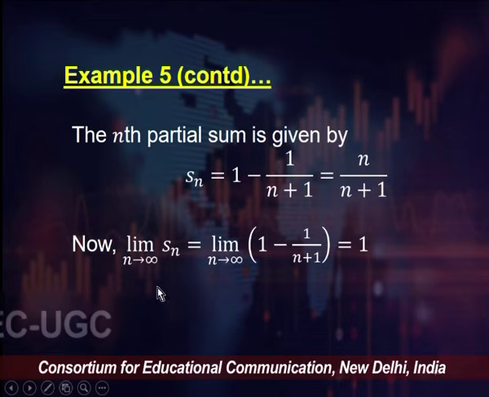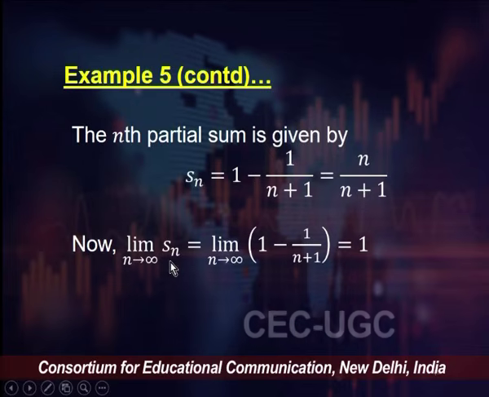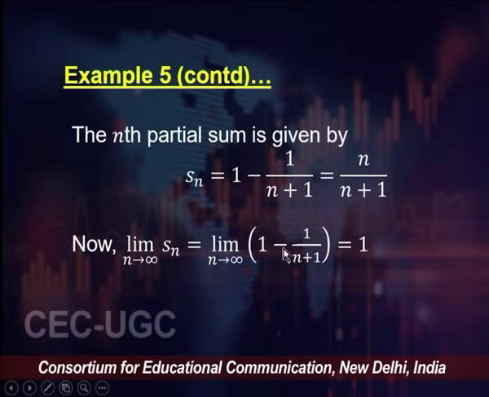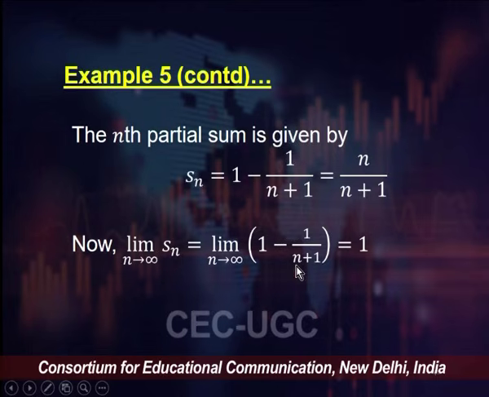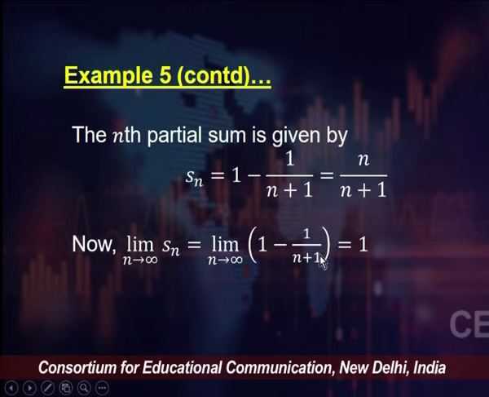So, that can be easily done where we take the limit of s sub n, the nth partial sum, as n tends to infinity, and that is then the limit of 1 minus 1 upon n plus 1 as n tends to infinity. So, clearly when n tends to infinity, the second term will tend to 0, right.